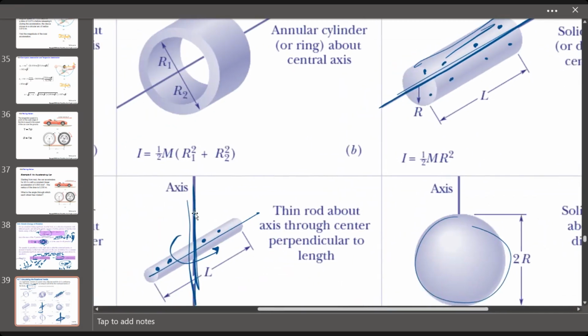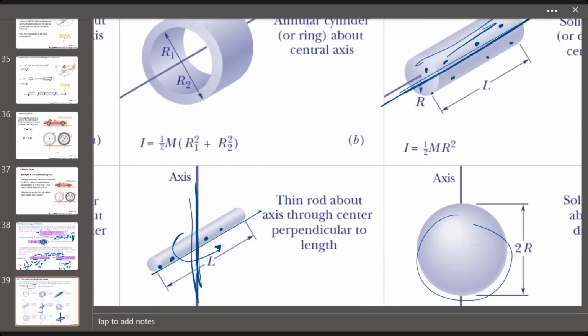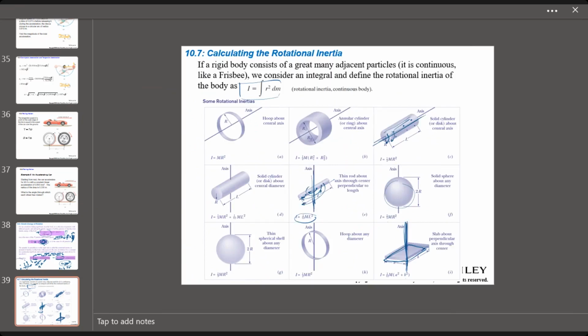Now, the axis is here, so the different points are moving like this. They are rotating around this axis in a different manner from these points, right? So the rotational inertia will look different. So the one thing that I want you to just know is the rotational inertia I depends on 3 factors.